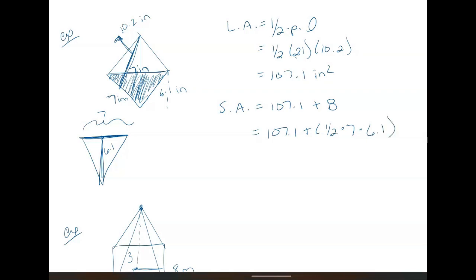And if I multiply that all together, I'm going to get 128.45 inches squared.